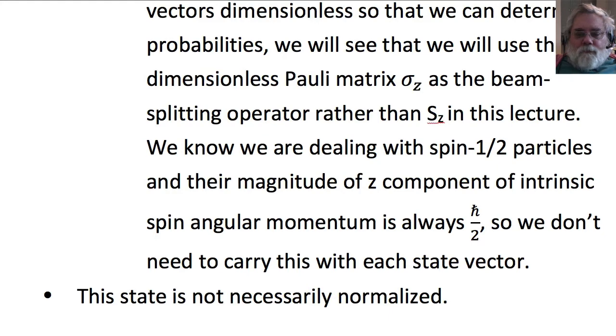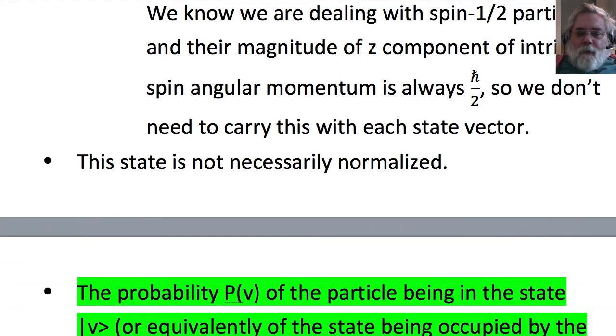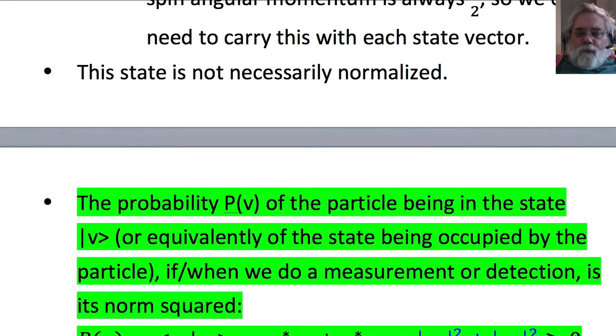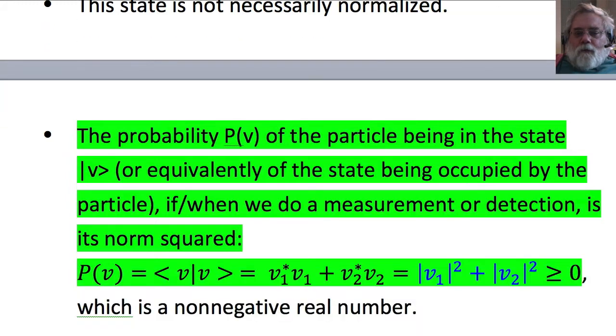Now the state ket v is not necessarily normalized. It might be normalized in some places and in other places not normalized, and this is intentional. The probability of the particle being in the state ket v, or equivalently of the state being occupied by the particle, if and when we do a measurement or a detection, is the square of its norm, so it's norm squared.